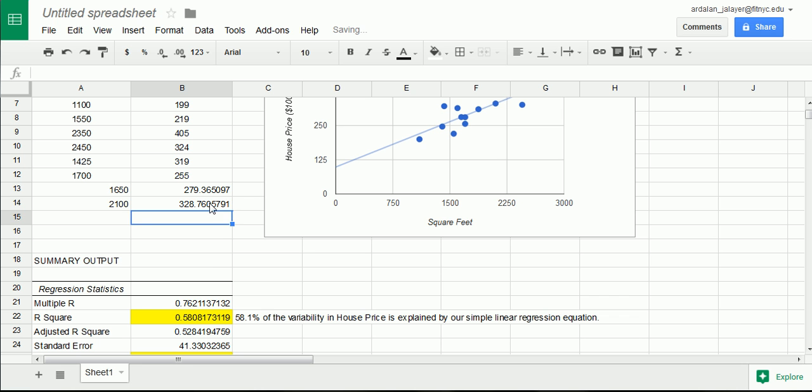Enter. Obviously this house is going to sell for more, so I'm happy to see that. And I see that a 2,100 square foot house is predicted to sell for 328,761 if I round there.